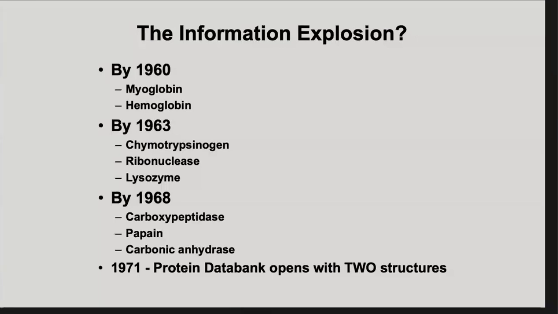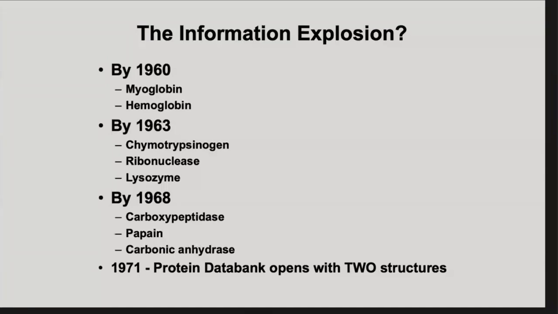In spite of the fact that by the late 60s we had only solved the structure of 8 proteins, in 1971 here in the United States, the US government actually launched something called the Protein Data Bank. It was originally housed at the Brookhaven National Laboratories on Long Island, which is really part of the Department of Energy. They do a lot of nuclear energy kind of research.